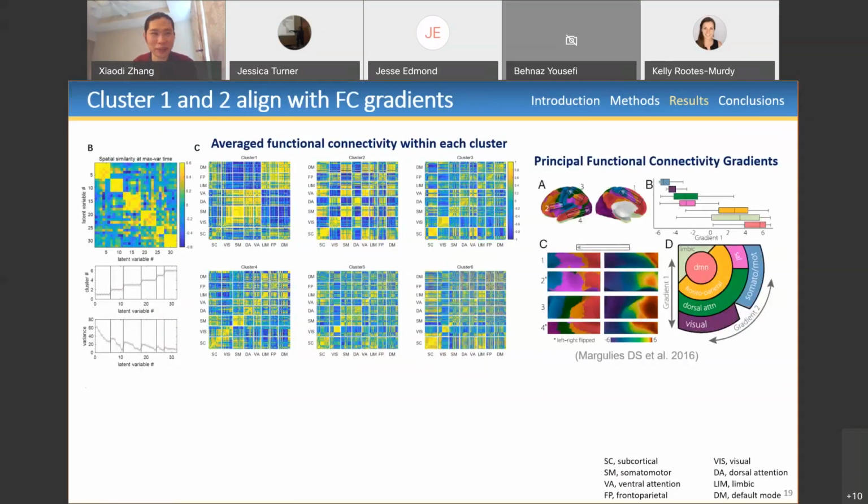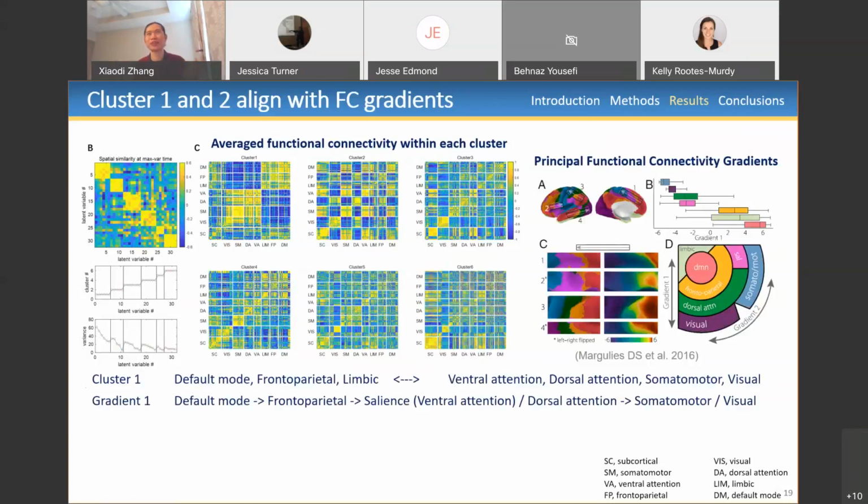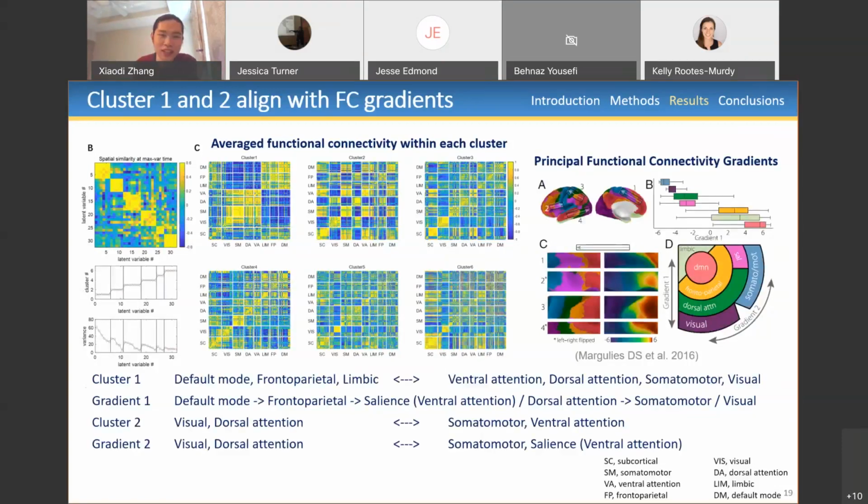So in that paper, it was described that our human brain is organized into functional connectivity gradients. You have multiple gradients, but basically along the first gradient, you start from the higher cognitive centers like the default mode network to the peripheries like sensory regions, for example the somatomotor or visual network. And then along the second axis, you have the visual network, or I guess dorsal attention, on one end and somatomotor and ventral attention on the other end.